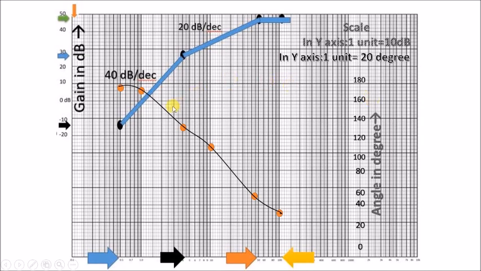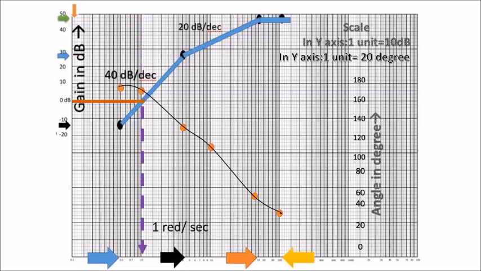So here the blue line will be my gain plot or approximate gain plot, and 0 dB is the scale. From 0 dB, take a horizontal straight line which needs to intersect the gain plot first. Then, from the intersection point of the horizontal line and the gain plot, we take a vertical line which needs to intersect the frequency axis, because our ultimate aim is to find the frequency.